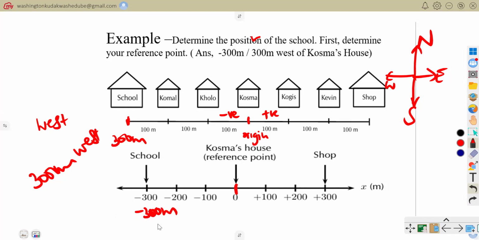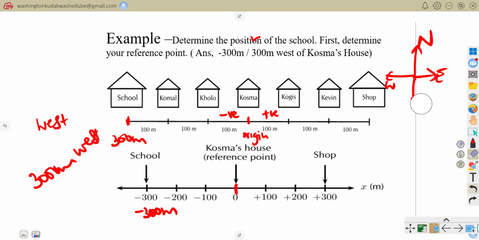Negative means west direction, and the magnitude would be 300. So the position will simply be a negative 300 meters, or 300 meters west of Cosmos house.